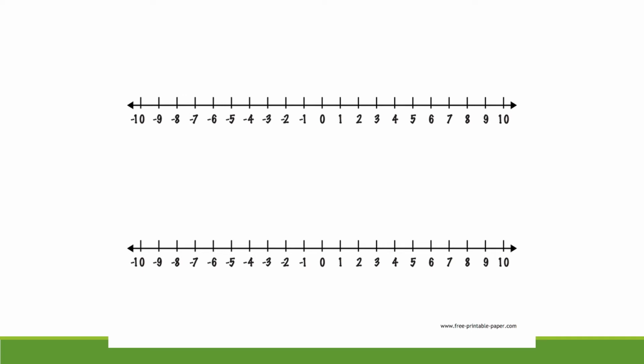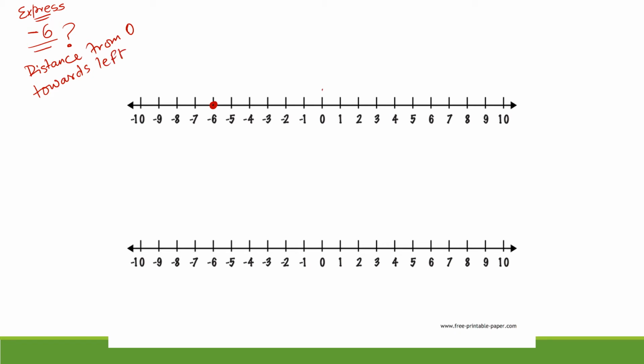If I ask you to graph or express -6 on the number line, what you will do, you will see where is the -6. This is the -6. What is -6? It is the distance from 0. So it is 6 digits towards which side? Towards the left side.